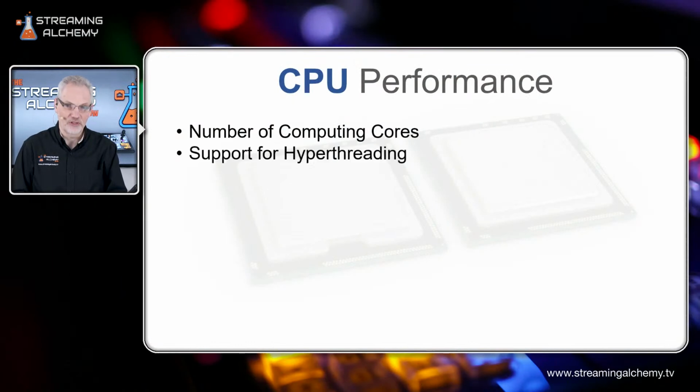Now, the other piece that goes with this is something called hyperthreading, which people sometimes confuse with multi-threading, but they're really unrelated. What hyperthreading does, it's an optimization for each one of the cores that's found inside a modern CPU.